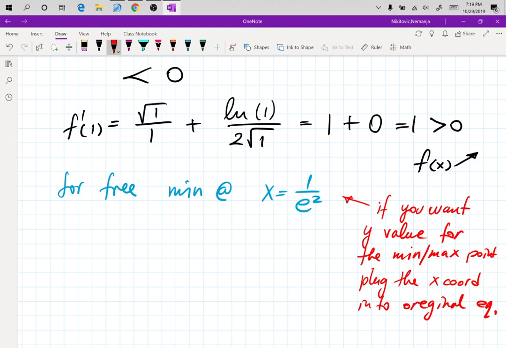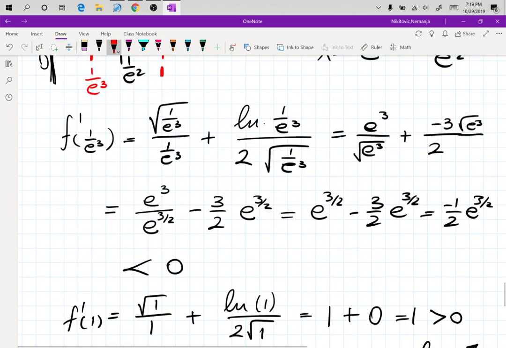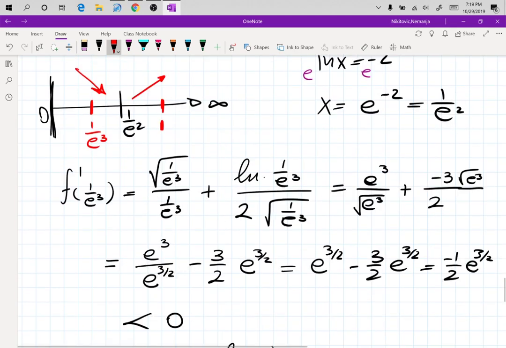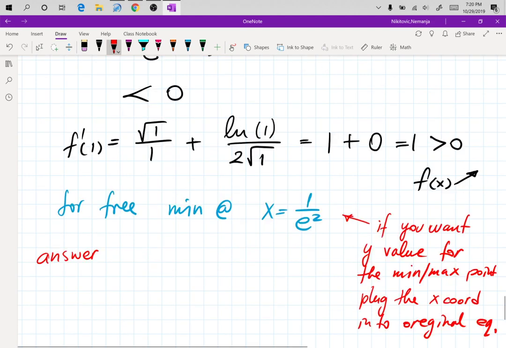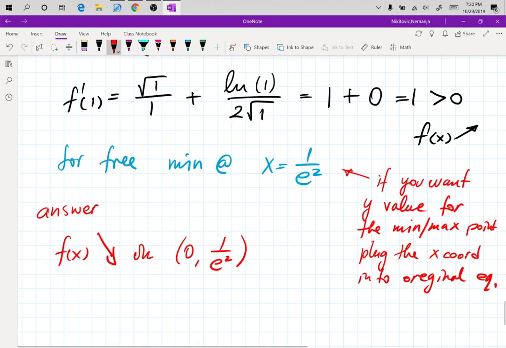Right? So now what's our answer? The answer is the function is decreasing up to, okay? So answer: function f of x is decreasing on 0 to 1 over e squared. f of x is increasing on 1 over e squared to positive infinity.